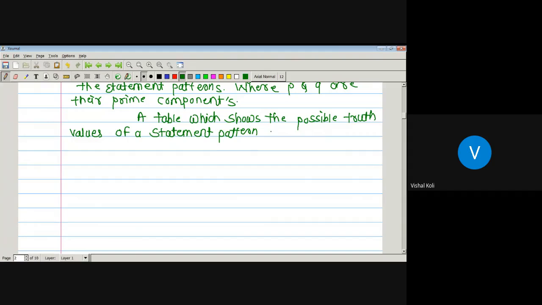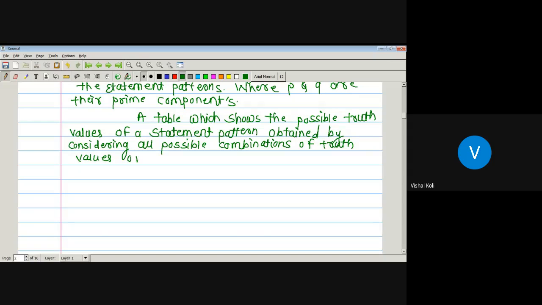obtained by considering all possible combinations of truth values of its prime components is called the truth table of the statement pattern.